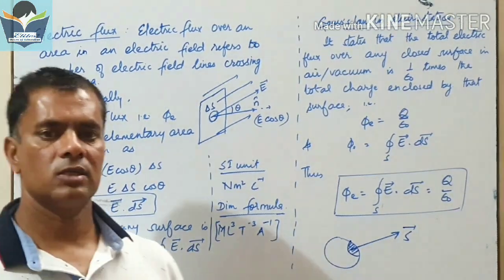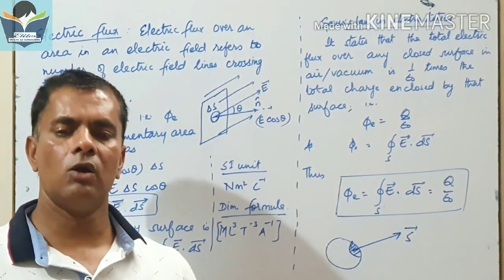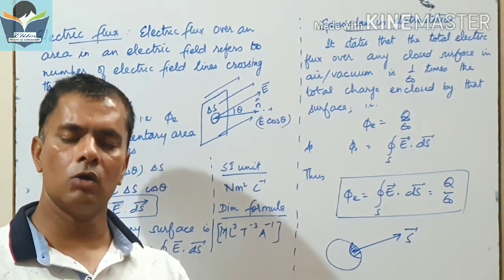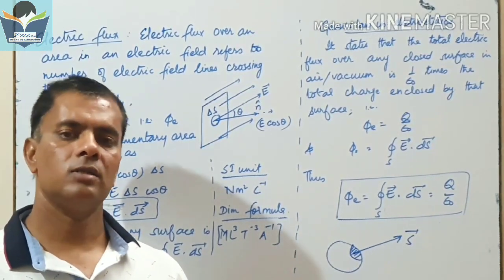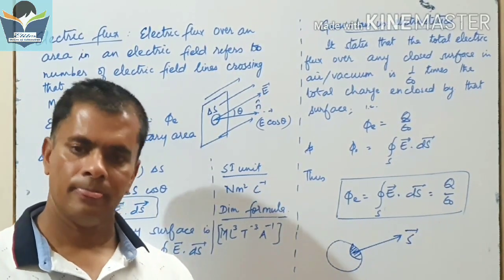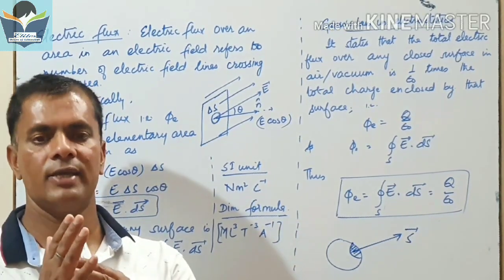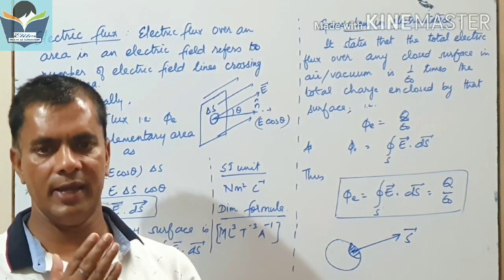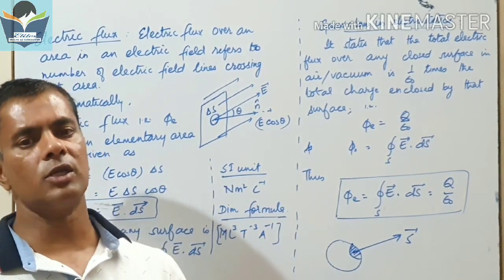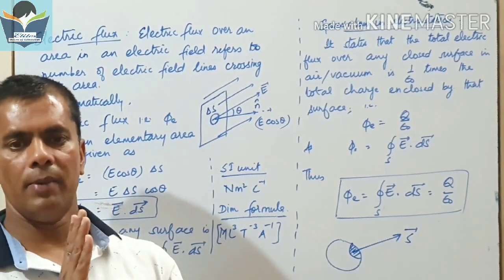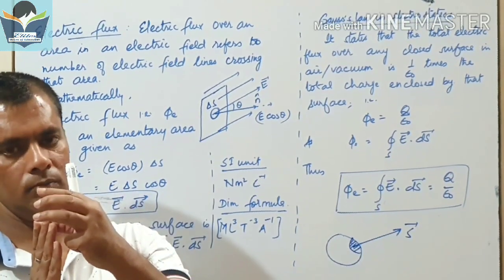So flux is actually the amount of electric field lines that can cross through a given surface area. As I told you by the example of water flowing through an area, it depends upon the inclination of the area element with the direction of flow.